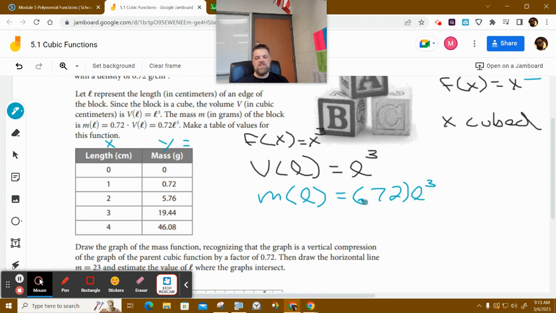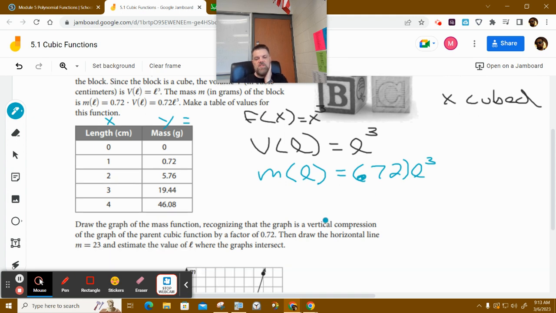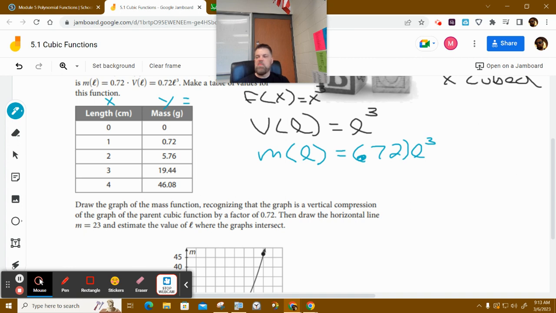So we have this number in the front. What they're saying is when you graph it, it vertically compresses it because 0.72 is less than 1. So my y value is going to be about 72% of what the original y value is.